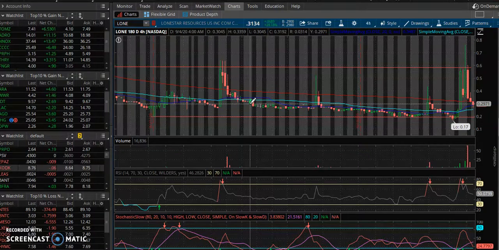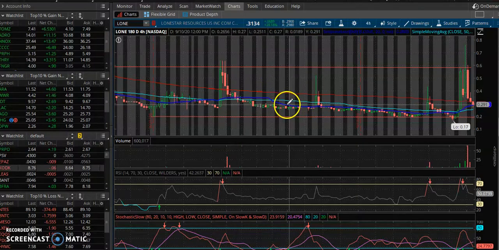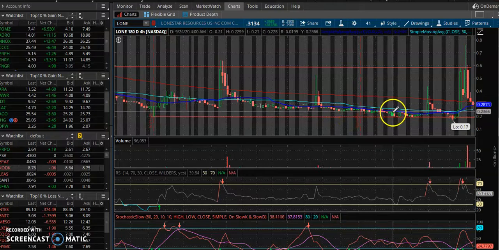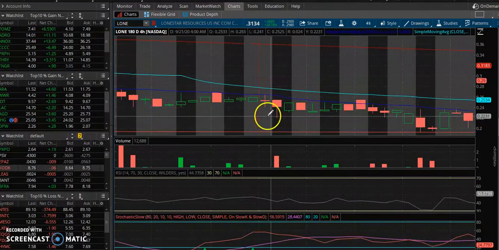Now, support levels may be supported by moving averages. As you see, sometimes these moving averages end up being support or resistance. Right now on this 20 moving average, especially at the 25-cent level, it tries to go above this level, but it can't.